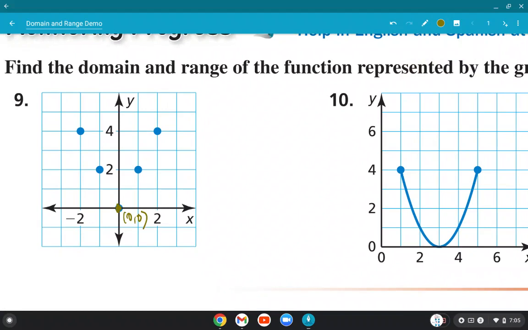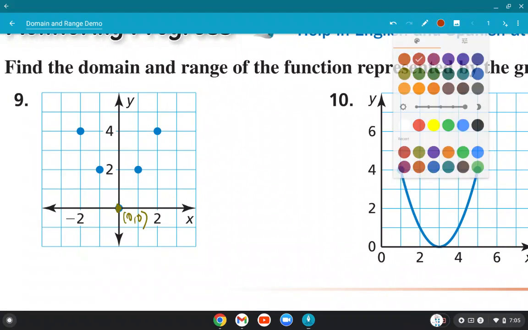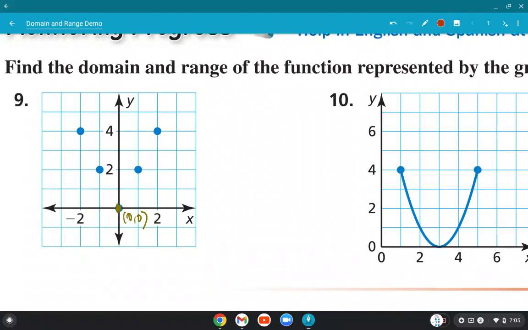I can either work on the left side or the right side. I'm going to work on the left side since it's a bit more difficult. So from the origin, I'm going left once and up twice. So my point is going to be -1, 2.